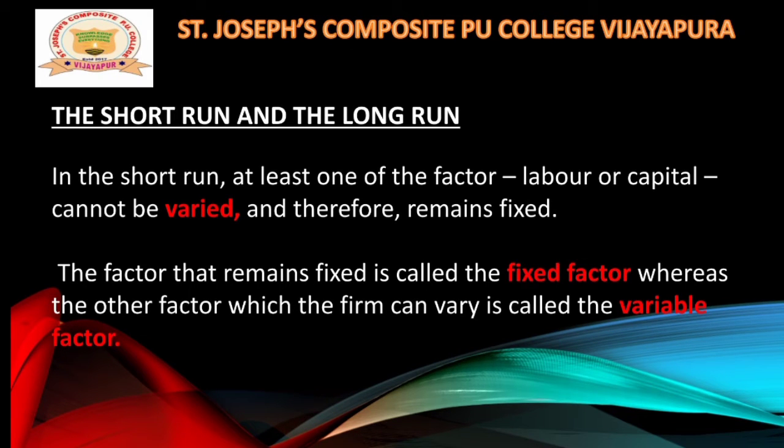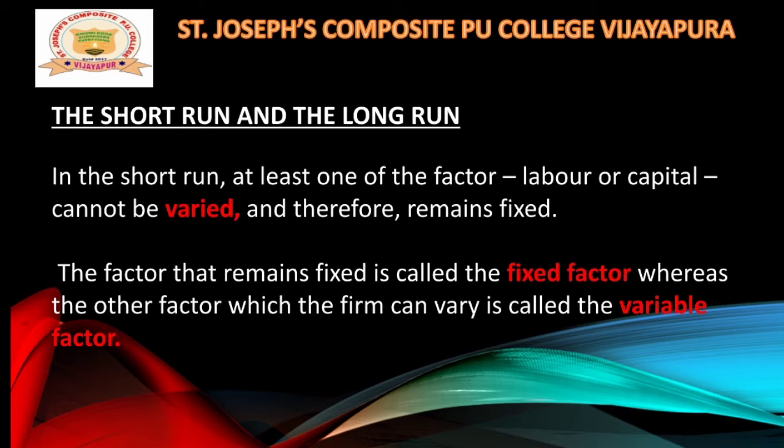Now first we'll discuss the concept of short run production function. The short run production function refers to the time period in which at least one factor of production is fixed. Here students, the short run is, as we know, a short period of time.